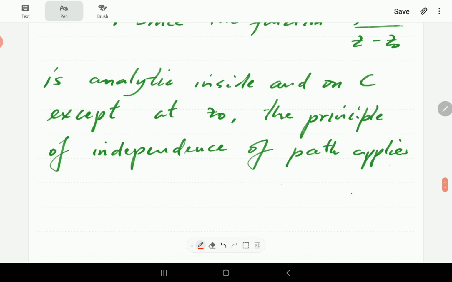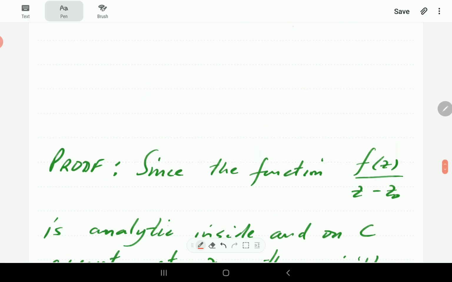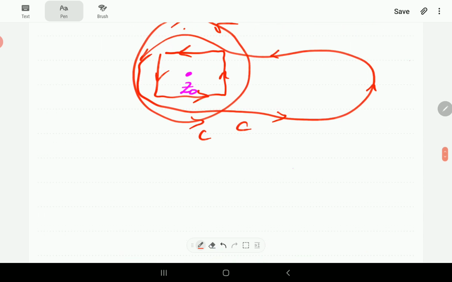The principle of independence of path is related to another principle called the principle of deformation of path. The fact that we got independence of path means you can deform your contour and still have the same integral. So that's exactly what I was talking about here.